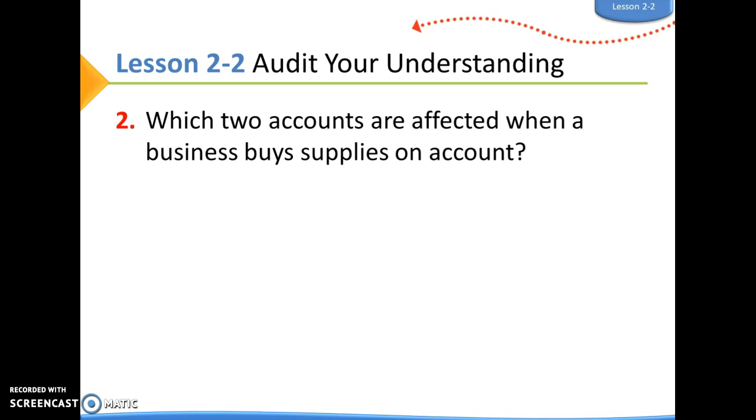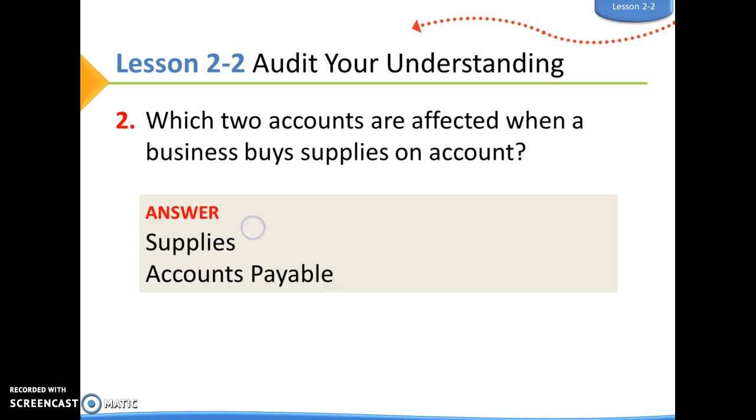Accounts payable and supplies. Okay. Supplies and accounts payable. Which one's debit? Which one's credit? Supplies is debit, accounts payable is credit. Okay. Good.